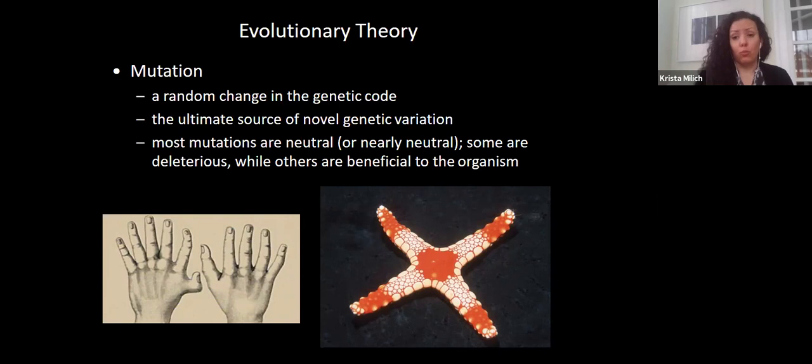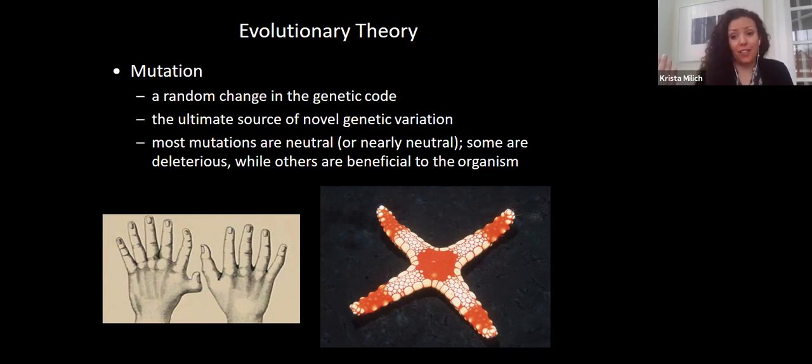Mutations are relatively common, but most mutations are neutral or nearly neutral. So that means they really don't have an effect on the individual. Some are deleterious, which means that they are bad for the individual. If you have a mutation that isn't helping your survival and reproduction, it likely won't last for long in the population because it doesn't confer an advantage.